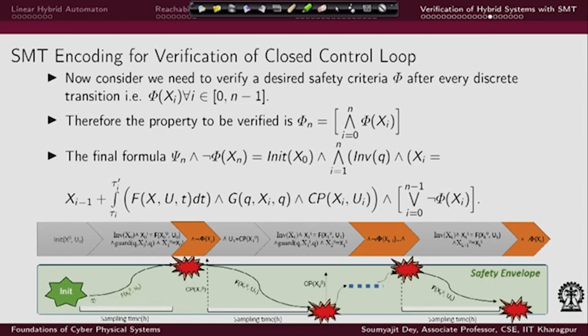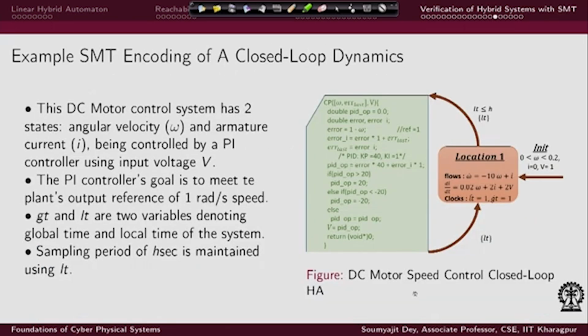Now, if there exist value assignments for which at certain points the safety envelope is going to be violated, the satisfiability solver can give you value assignments to this formula, such that if I drive this system with those value assignments, I will see the safety envelope getting breached. Okay. So, that is a nice example here.